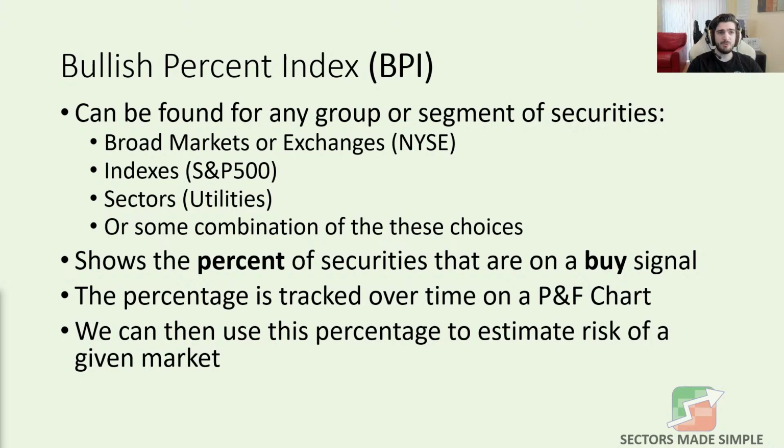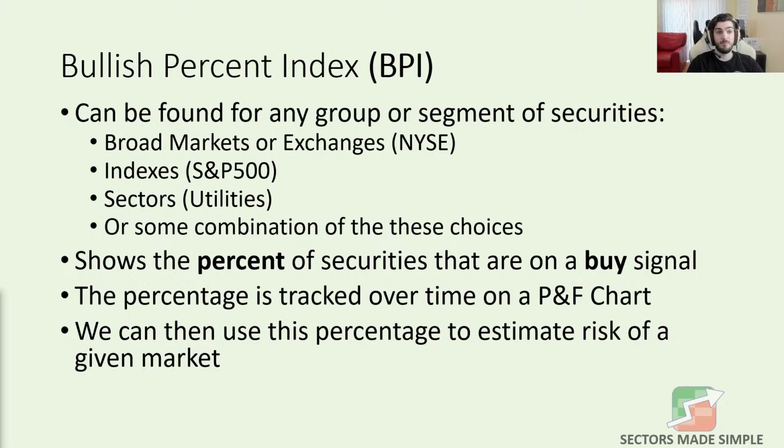So why do we calculate BPI? It's not just to give us another number to get confused with. BPI is going to give us a pretty decent indicator to estimate the risk of that given market. It is not perfect. No indicator is perfect.